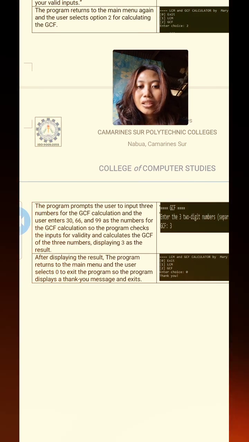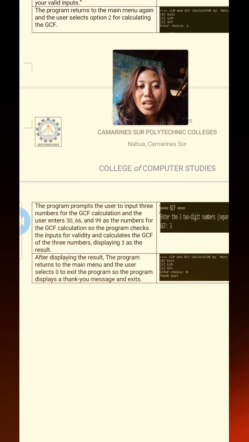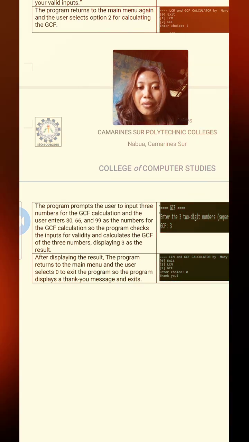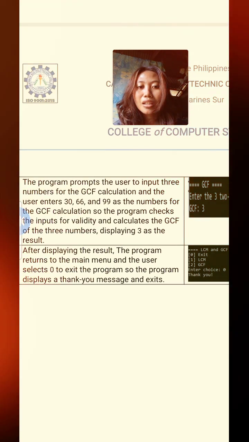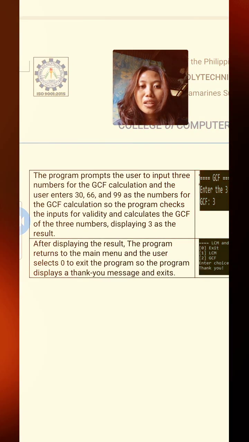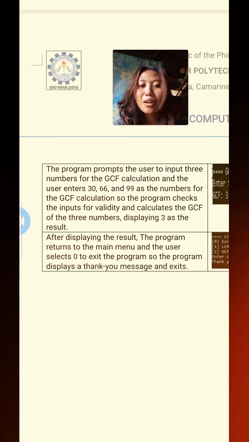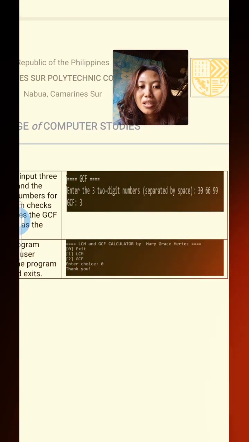And next, the program prompts the user to input 3 numbers for the GCF calculation, and the user enters 30, 66 and 99 as the numbers for the GCF calculation. For the 3 numbers, it displays 3 as the result. So this is the image.